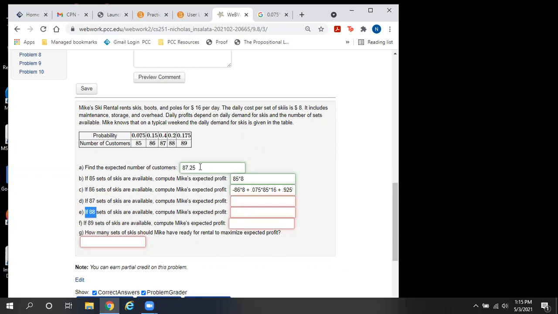Because this is a fractional amount, we're not really sure which way it's going to swing, but probably 87 or 88 will be the highest expected profit, because if Mike tries to have 89 sets of skis available, then that loss might eat up more money than the possibility of renting that last set of skis, right? So probably 87 or 88 is going to be the most advantageous amount for Mike to have ready to rent.